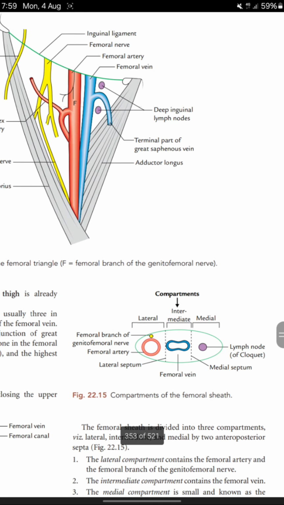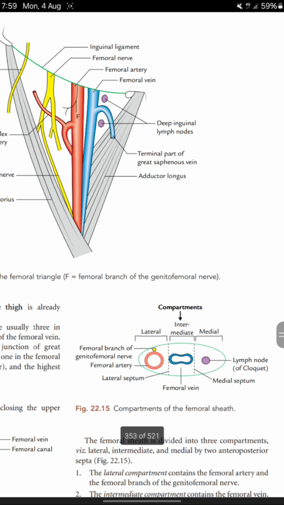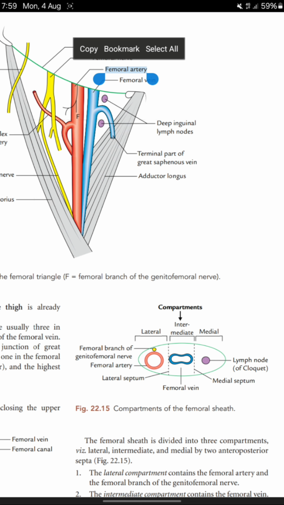You should remember one thing: the femoral nerve is not a content of the femoral sheath. The contents of the femoral sheath are femoral artery, femoral vein, and lymph nodes.